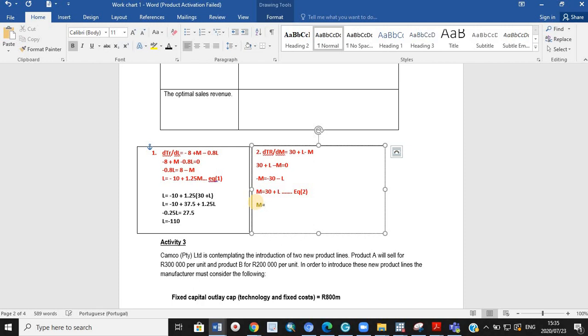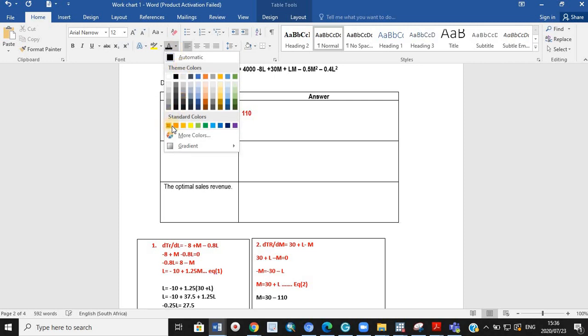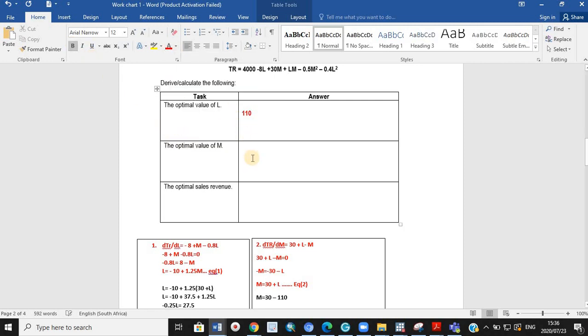M is going to be equal to 30 minus 110, minus 30, the M is going to be equal to minus 80. That means the M here is minus 80. Very good.